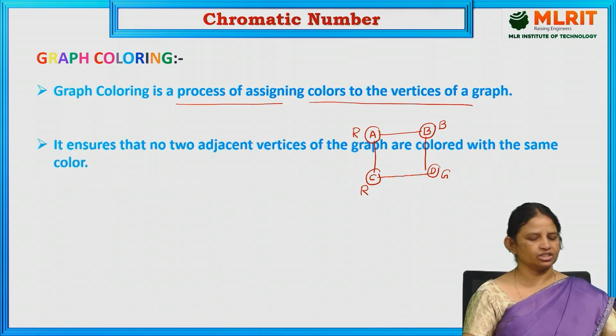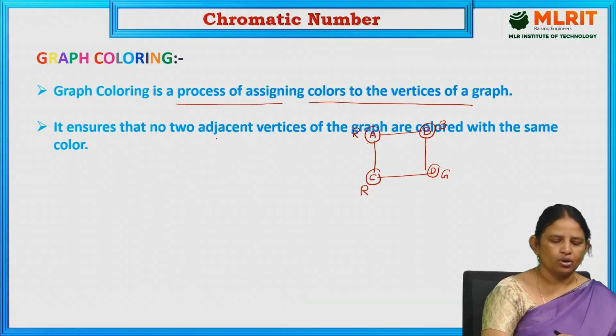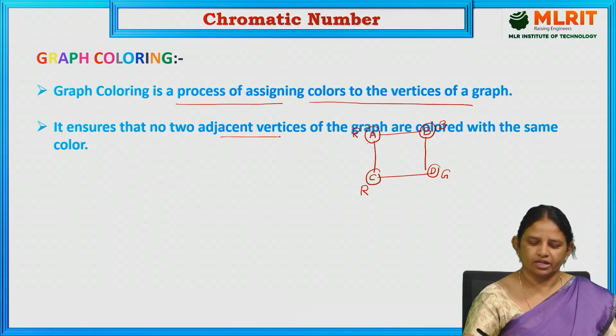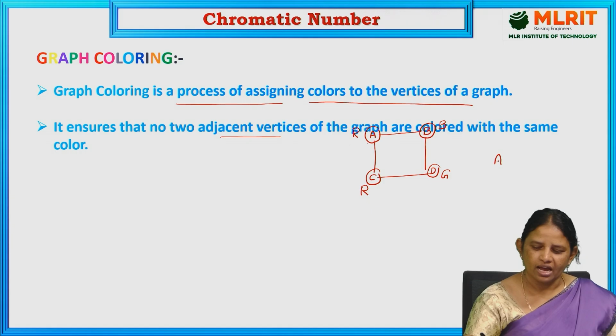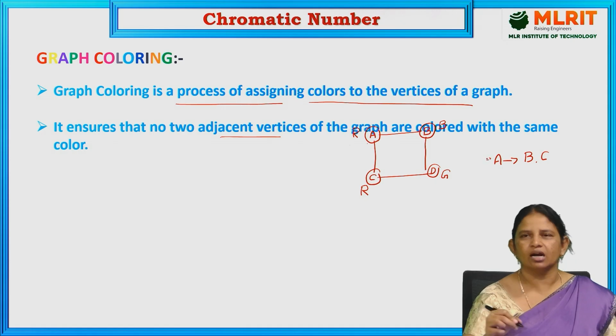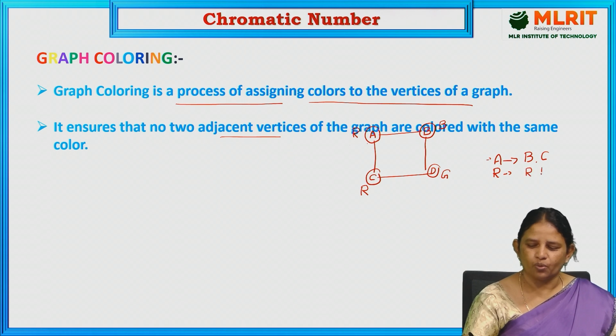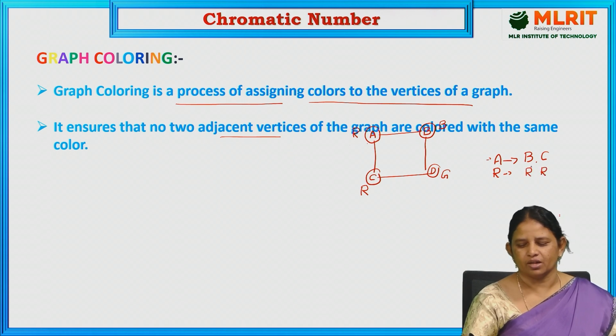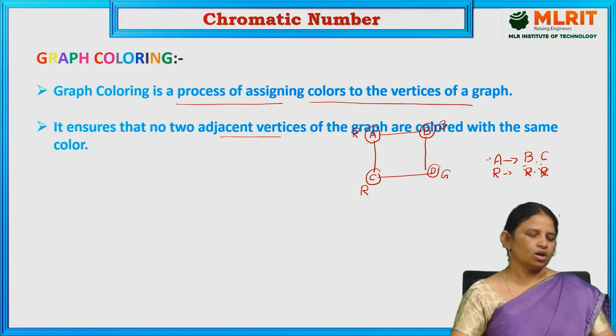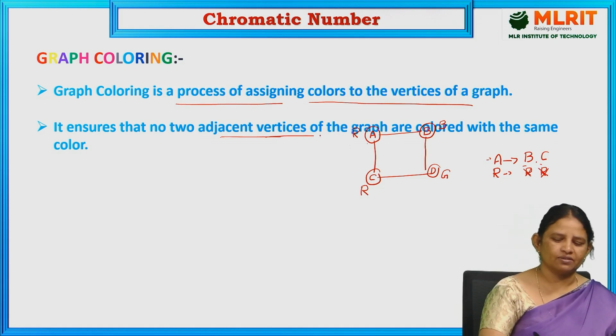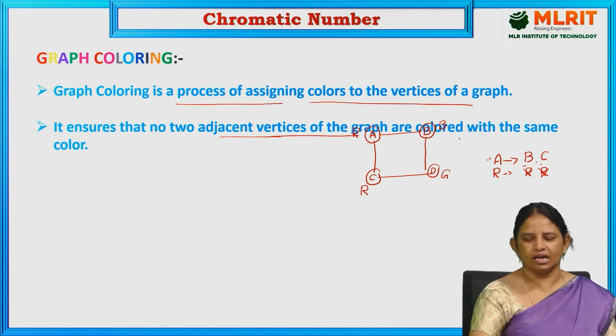Graph coloring is the process of assigning colors to the vertices of the graph, but one condition is there: it ensures that no two adjacent vertices get the same color. What are the adjacent vertices of A? A's adjacent vertices are B and C. Don't use the same color which is used for A. Suppose A has red color, don't use the red color for vertex B as well as vertex C. It ensures that no two adjacent vertices of the graph are colored with the same color.